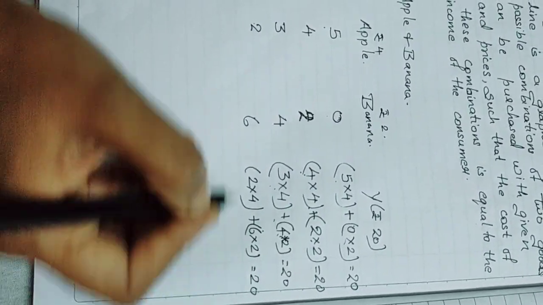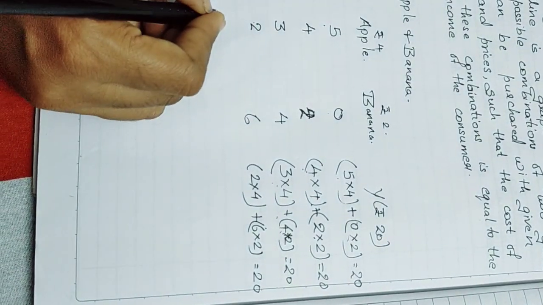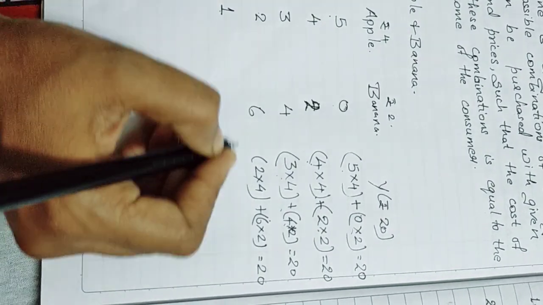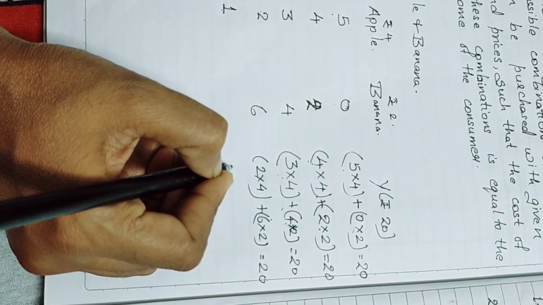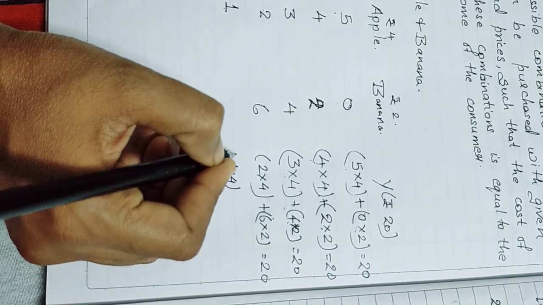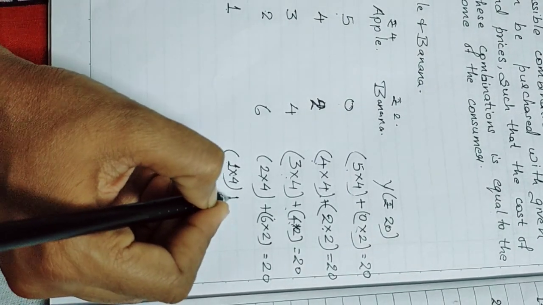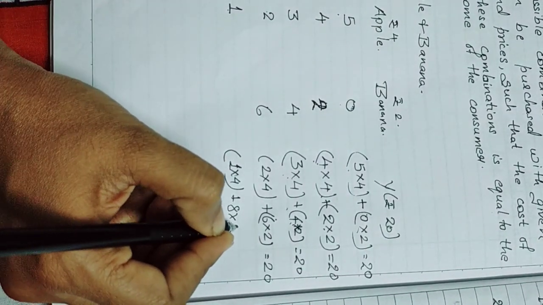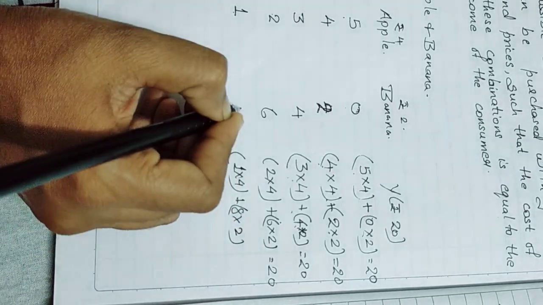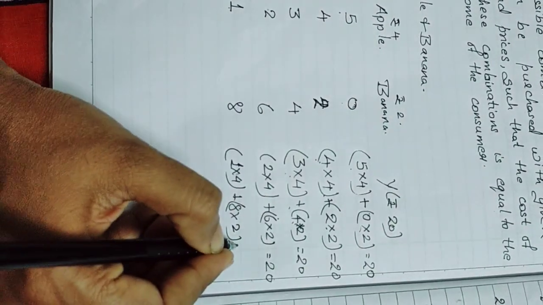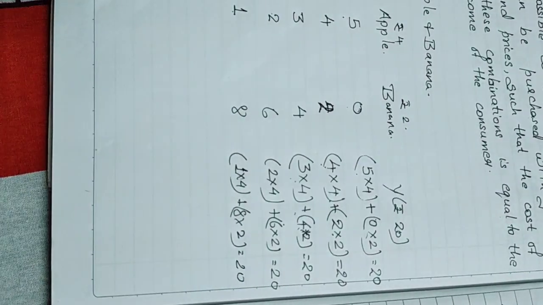Again I got 20. In the same way 1 apple: 1 into 4, plus 8 into 2, and here I get 20.